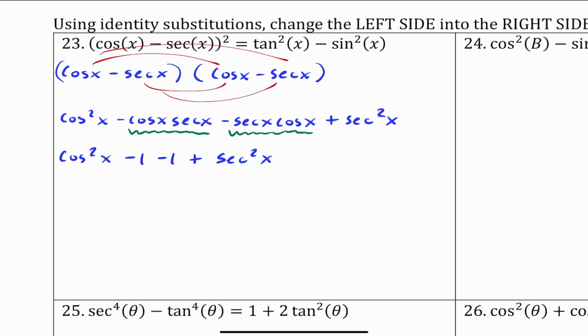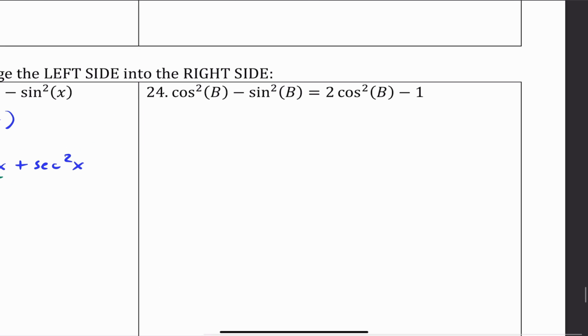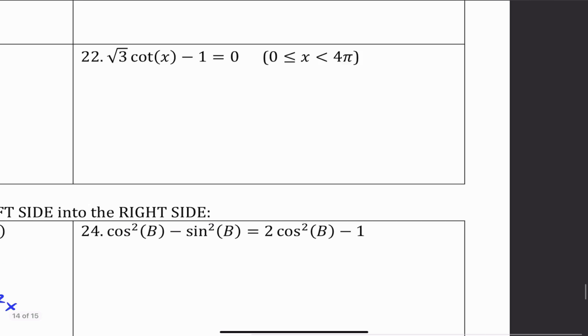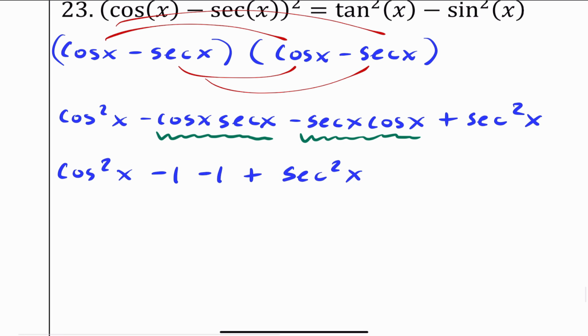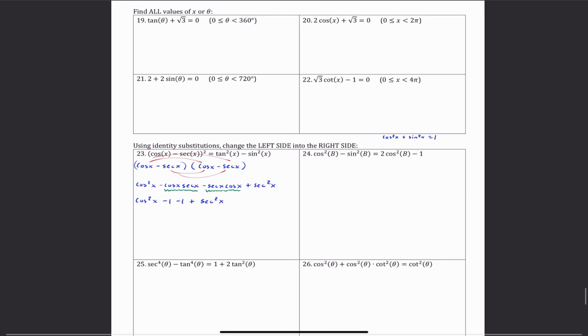Now, what would happen if I make cosine squared of x something else? Let's go ahead and recall our Pythagorean identity. So that is what? Cosine squared of x plus sine squared of x is equal to 1. And I want to solve for cosine squared of x, right?